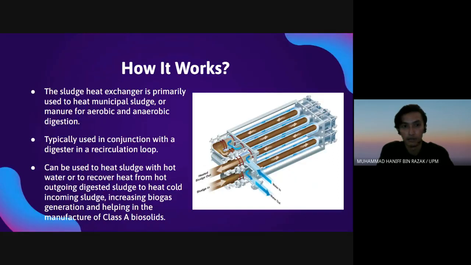And how it works, the sludge heat exchanger is primarily used to heat municipal sludge or manure for aerobic and anaerobic digestion. It's typically used in conjunction with a digester in the recirculation loop.